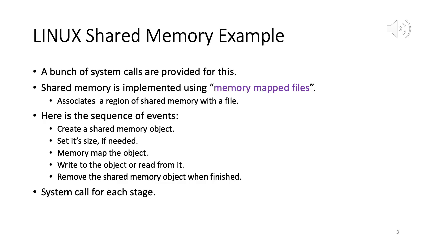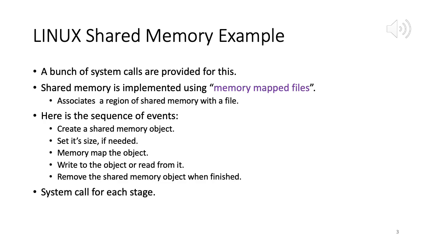Memory map the object, which means attach the object to a process's address space. Now that it's attached, we can write to the object or read from it. Finally, remove the shared memory object when finished. It's created temporarily for data communication, and once that is done, it can be deallocated.